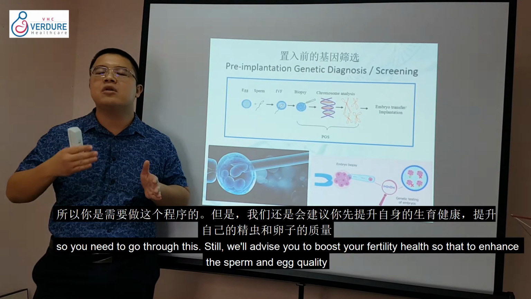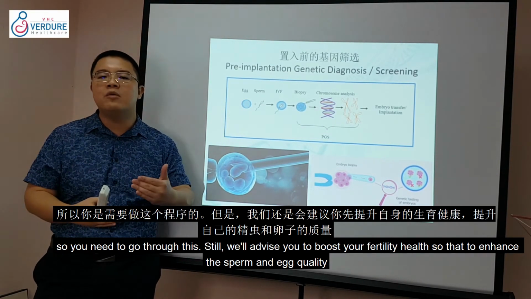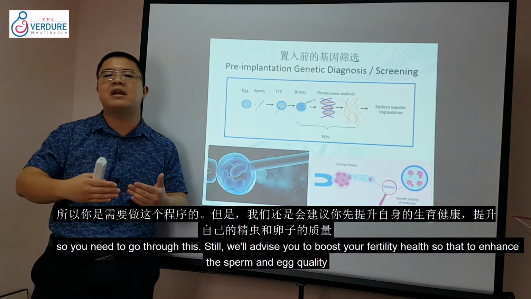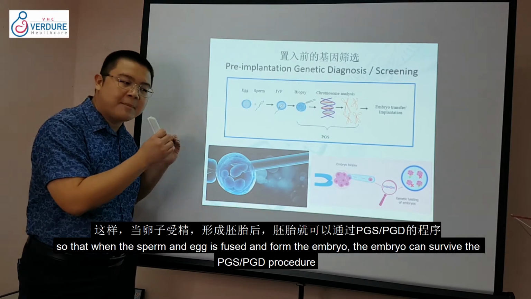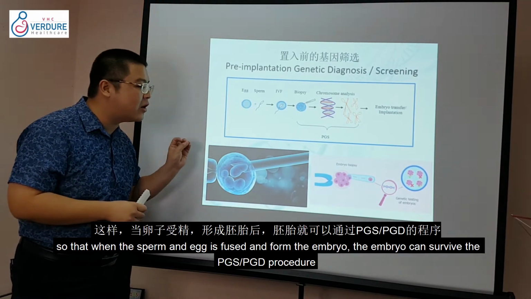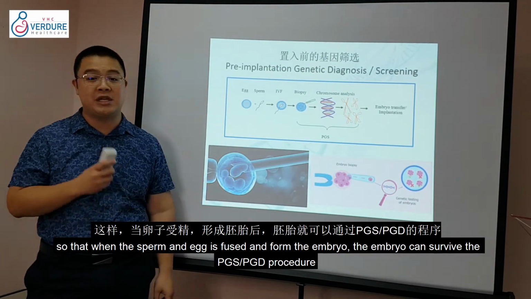But still, we strongly advise you to boost up your reproductive health in a way that will enhance the quality of your sperm and egg cells, so that when they are made into an embryo, there is a better chance of it surviving the PGS-PGD process.